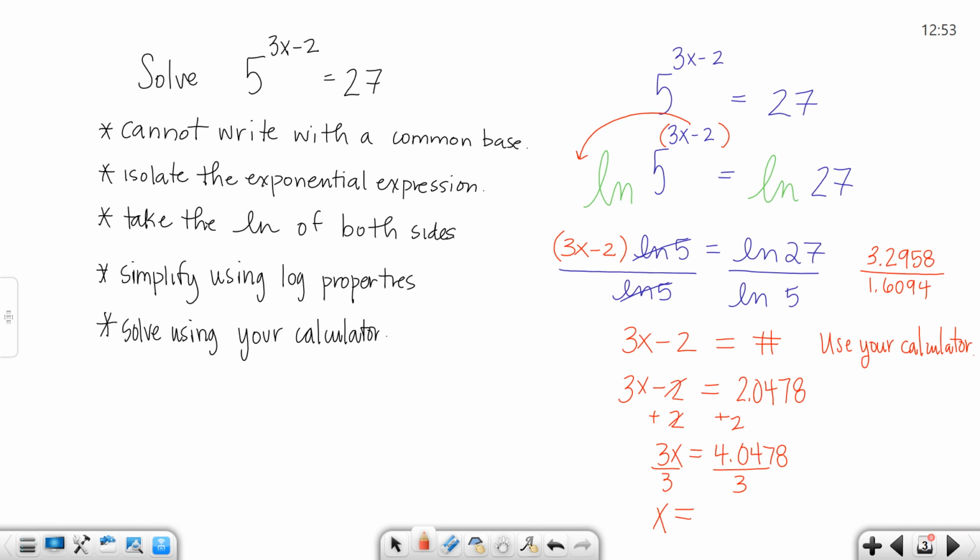So x would equal 1.3493. Hey, I'm not going to trick you on your quizzes or tests with anything that's a rounding issue. So as long as you're really close to 1.35, you're going to be fine with that particular one.